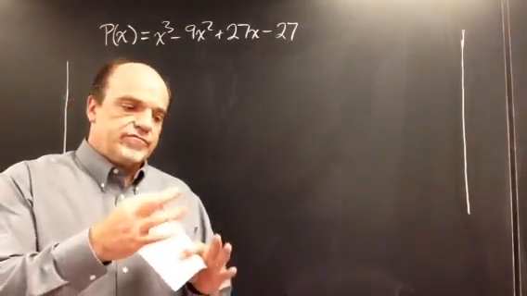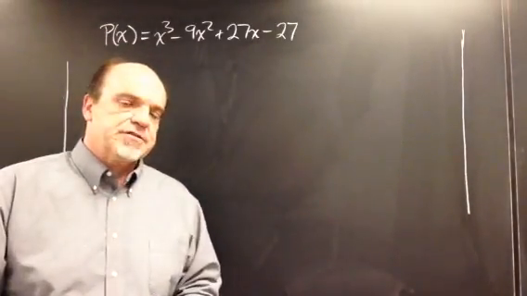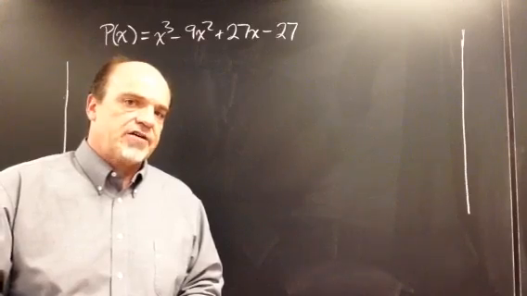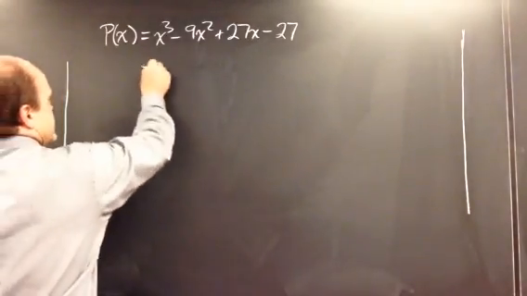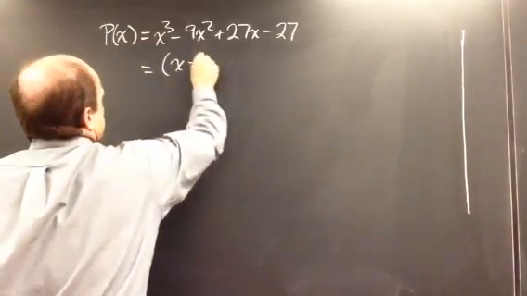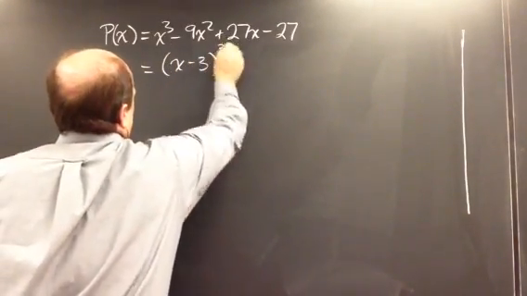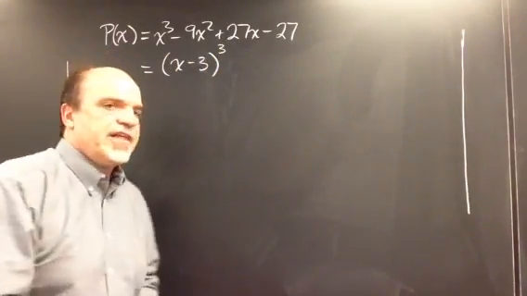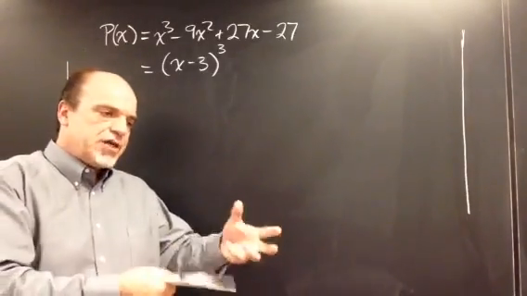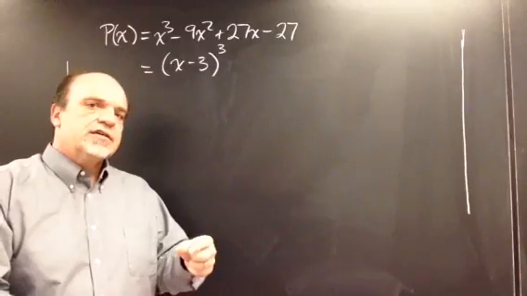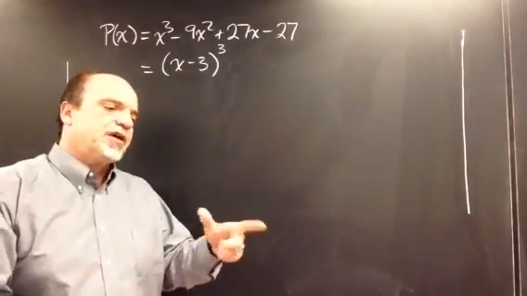However, and we'll learn this later on in chapter 3, we'll learn some techniques for factoring these polynomials. If I tell you that this is actually just (x minus 3) cubed, well, hopefully that gives you a sense of how it's so similar to x cubed, except it's (x minus 3) cubed.